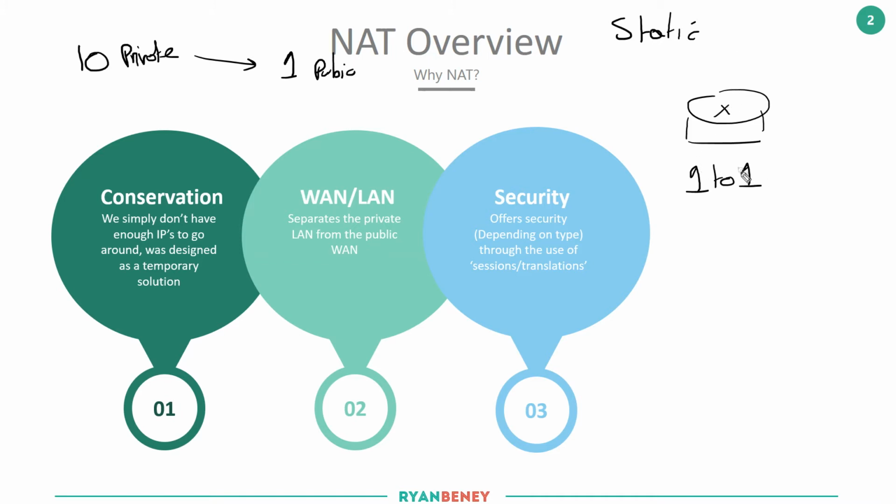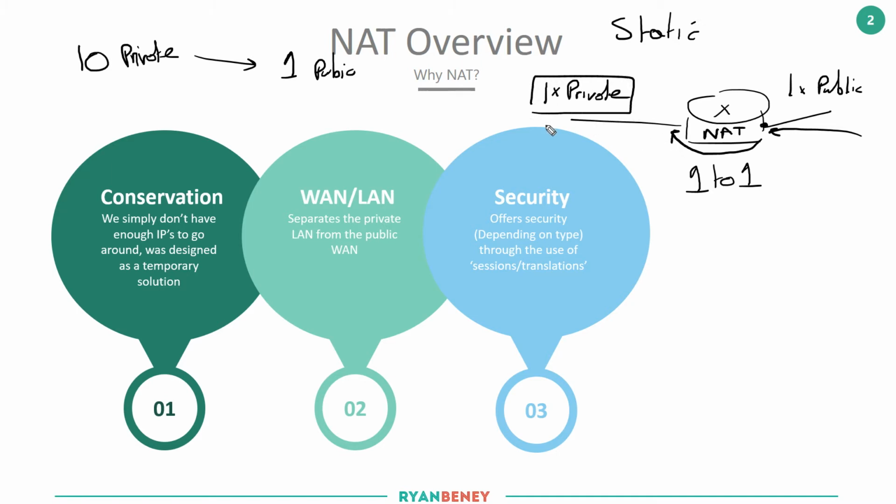Well, one-to-one is kind of what you would expect. We have one private and we have one public, and anything that comes in on this interface that's destined for that public address will get pushed through the NAT process and be changed to this private address.